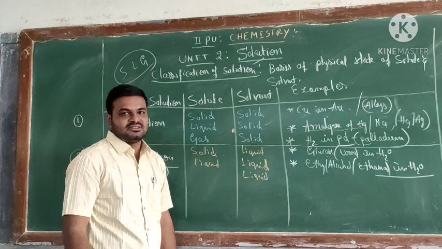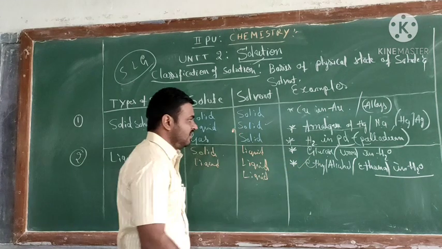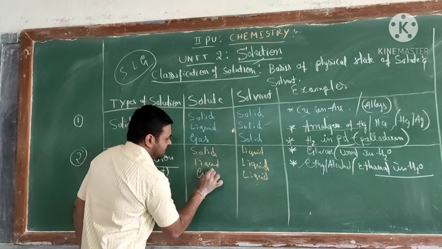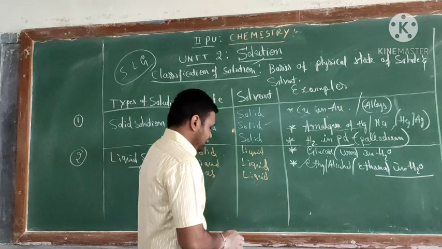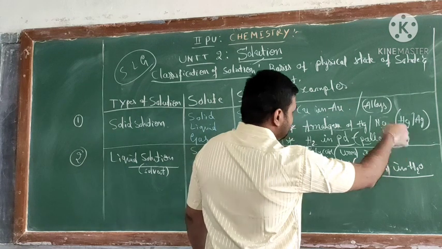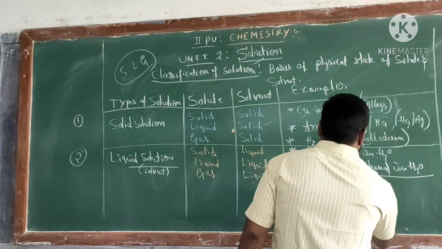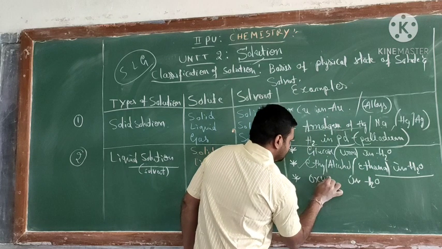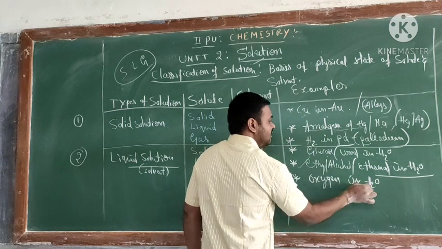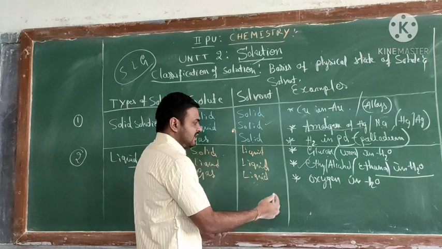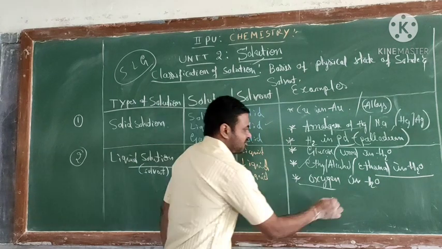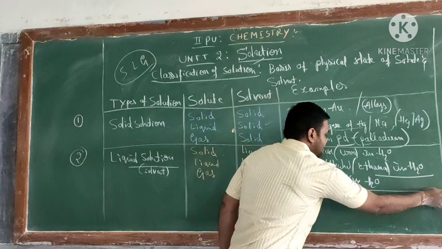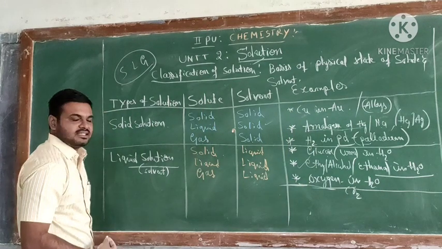Both are mixed together, one of the best examples of liquid solutions. And next is gas in liquid, for example oxygen in water. Oxygen is a gas. Either carbonated drinks, like carbon dioxide in water, or oxygen in water. This is the example of gas in liquid.